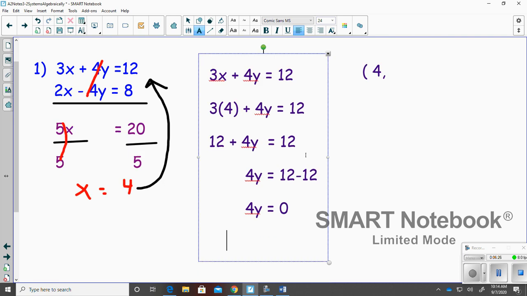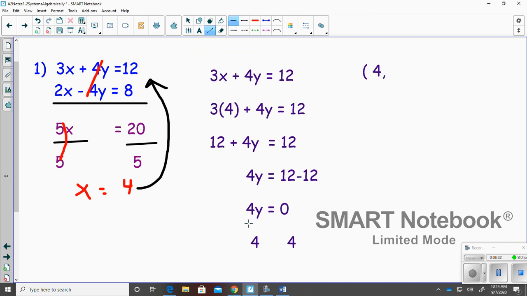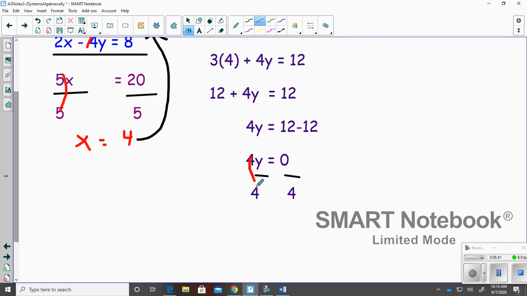You'll divide both sides of the equation by 4 to finish it out. And then looking at the next step, I'm going to be left with y. First cancel. y is equal to, and then 0 divided by 4 is just 0.